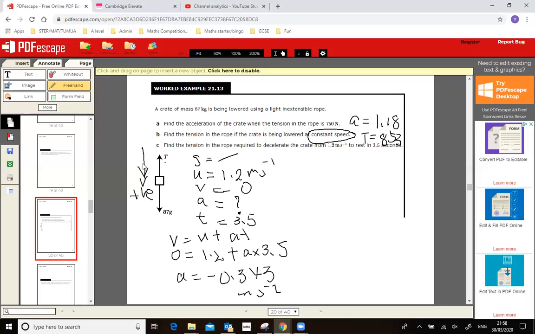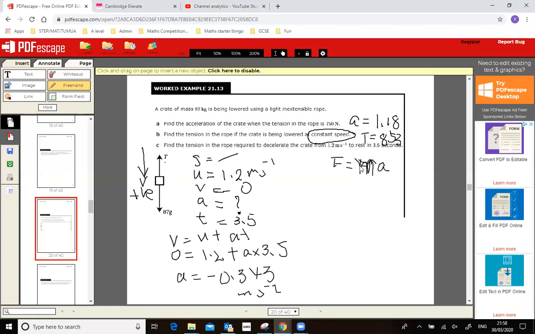Right, so when I know the acceleration, I can then use F equals ma to work out the tension required. So again, let's start by writing down the formula, F equals ma. Let's think about the resultant force.